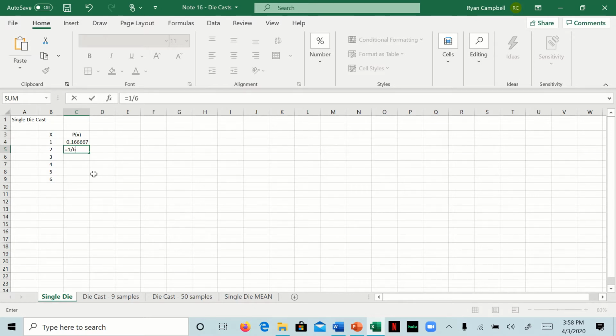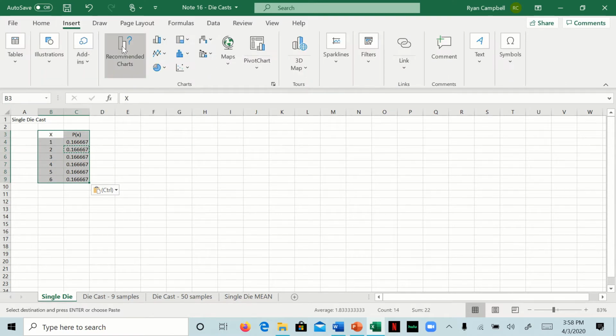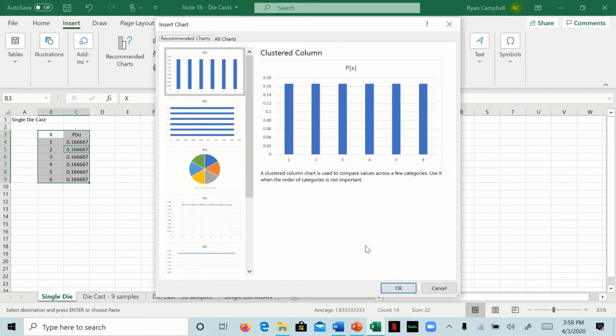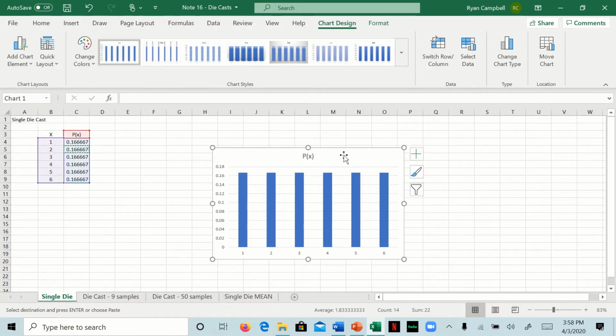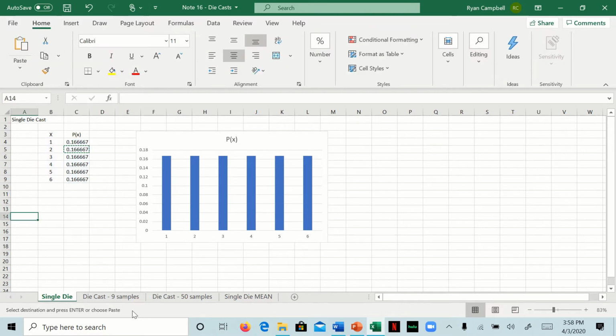So this is also 1 out of 6, and actually it should be 1 out of 6 for all of these. If we were to graph our chart, what kind of distribution would we have? Is this a normal distribution? Definitely not. This is a uniform distribution.